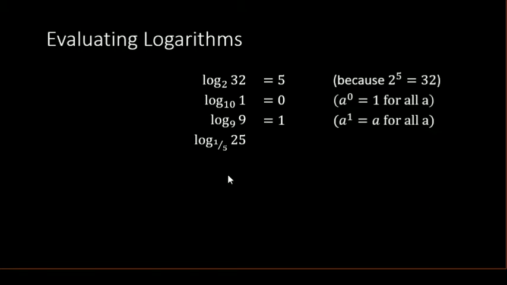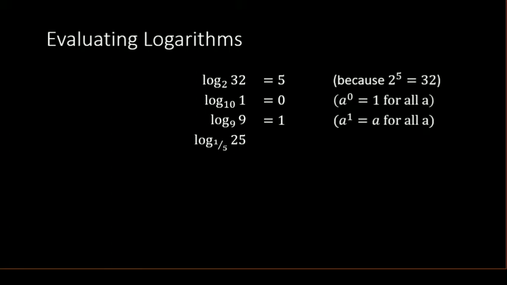Now this one is a bit trickier. Notice we've got a fraction here. So 25 is related to 5 because it's 5 squared. But the base was a fraction, so we need to flip it upside down. As I keep trying to get into your brains, negative exponents are what take reciprocals of numbers. Negative exponents do reciprocals. So this is going to be negative.